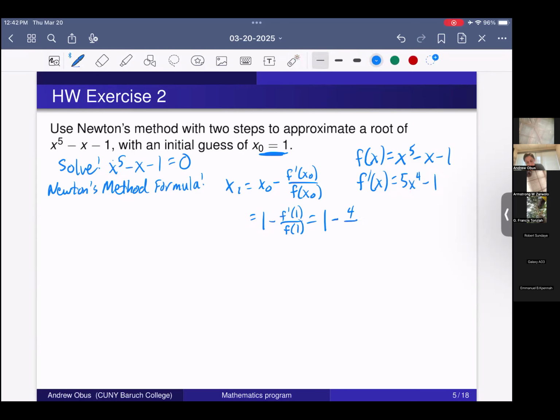And then f of 1, if we plug in 1 over here, we get 1 minus 1 minus 1. So that's going to be 1 over 4, 1 minus 4 over 4 minus 1. I'm a little worried this guess is not going to be a good guess.